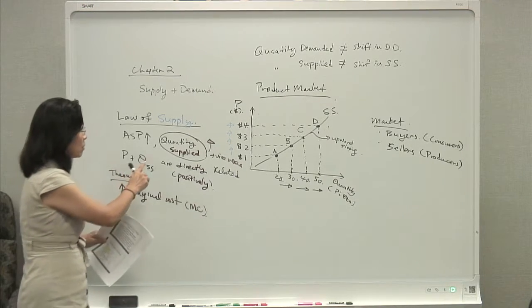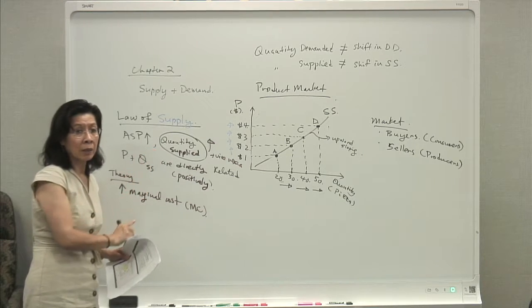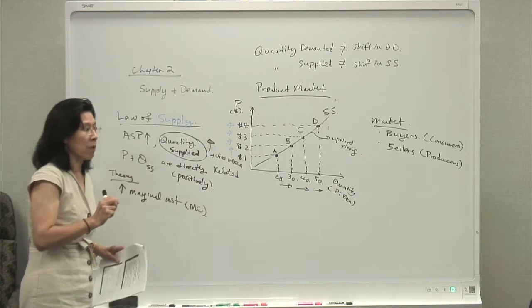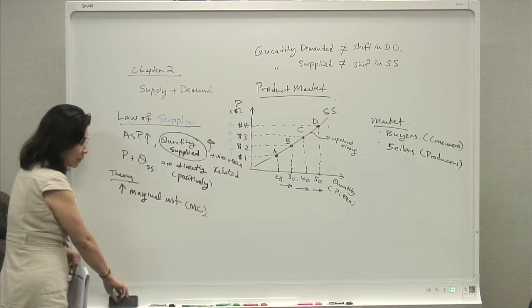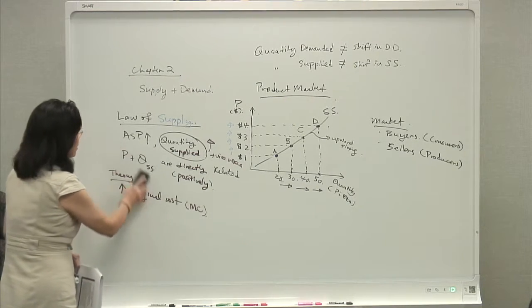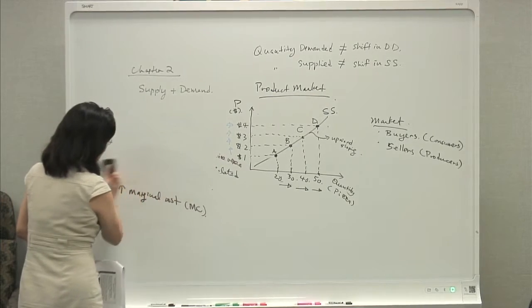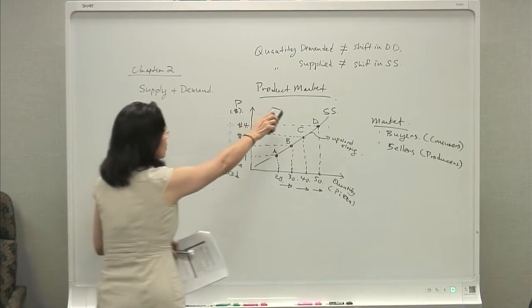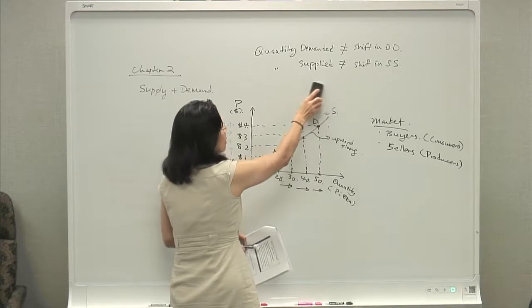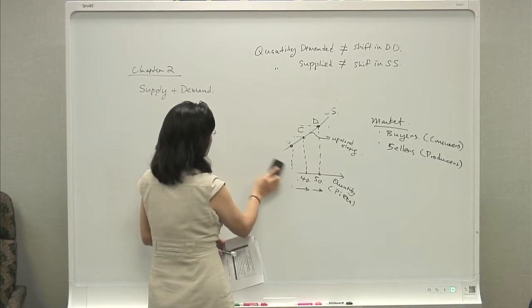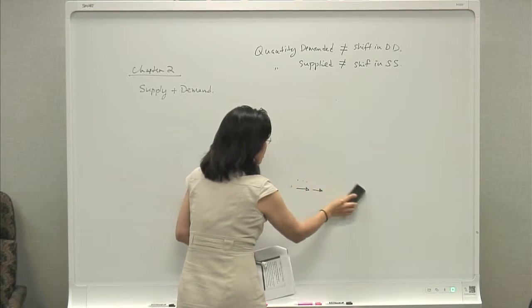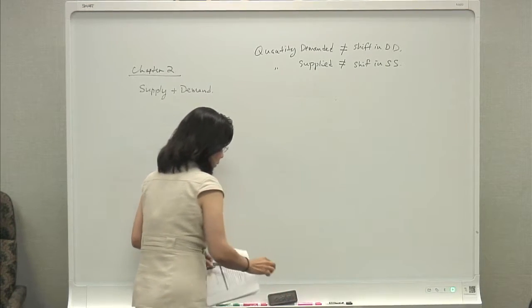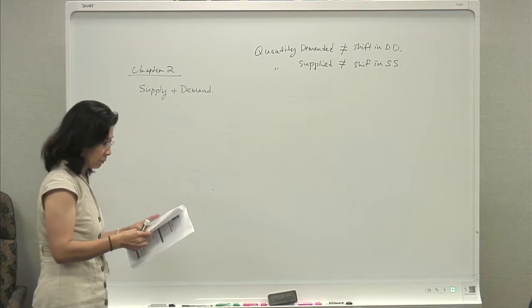Therefore, we use the term quantity supply and the term quantity demand. Next we're going to talk about shift in the demand and supply curves. I'm going to erase all this, but please make a note of what I had up here, which is what I'm going to demonstrate next: your quantity demand is not the same as your shift in demand curve.